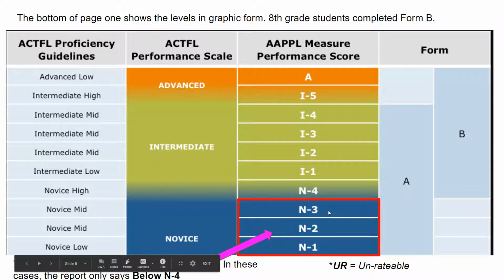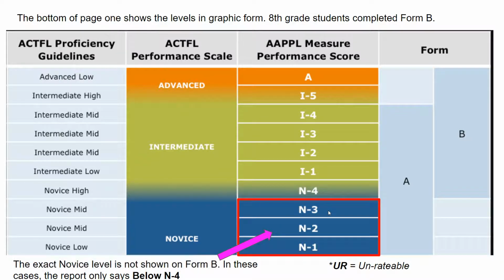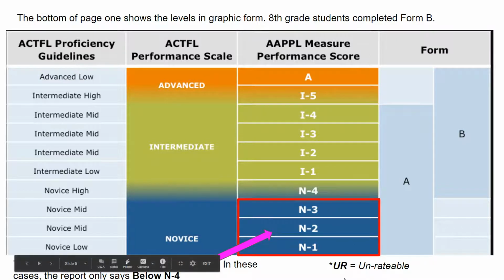But we don't get that specific number using the Form B. Also, for the speaking parts, there may be a score that says unrateable. This means that the student either didn't fully complete the speaking section or the rater was unable to make a determination of level based on the samples that were provided.